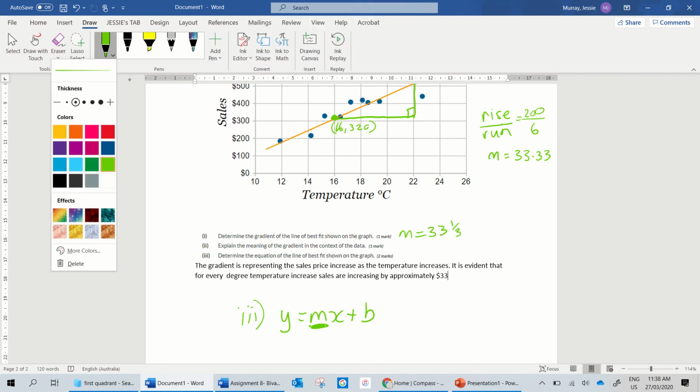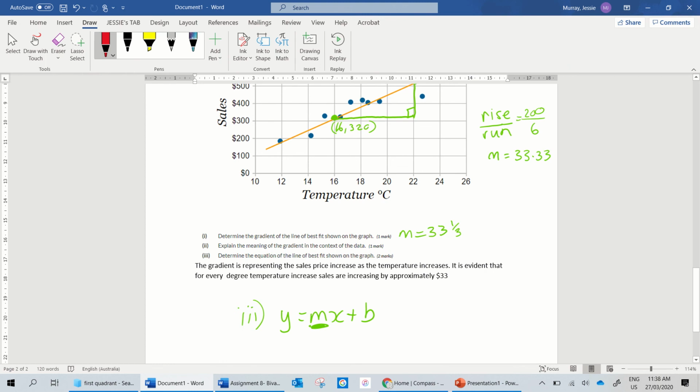Okay, so how can we do this precisely? Well, again, you can't do this completely exact because they haven't given us a grid that's accurate enough. However, I know that the point 16, 320 lies on this line. So I know that when an x value is this, a y value is this. I know my gradient is 33.33.